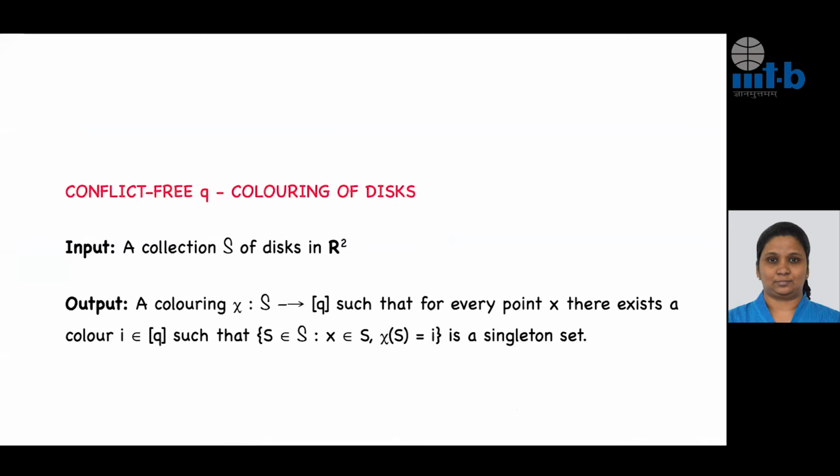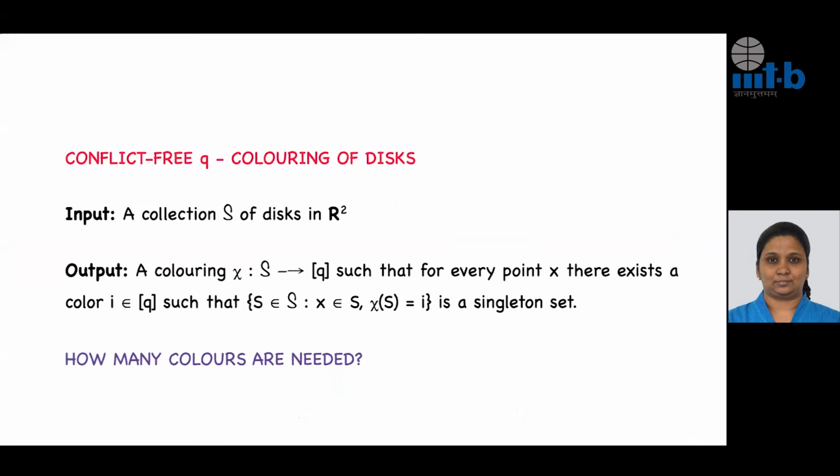So the question is, given a collection of disks, you need a coloring such that for every point in the union of disks, there is a color i such that the number of disks that contain it and are colored i is exactly 1. Or in other words, the color i is used exactly once among the disks that contain x.